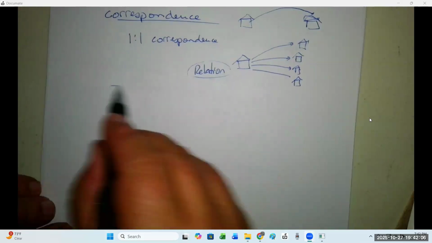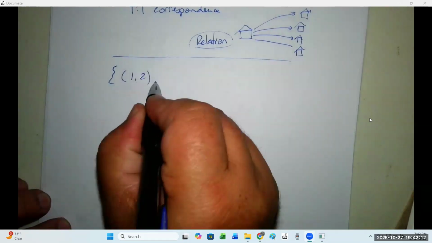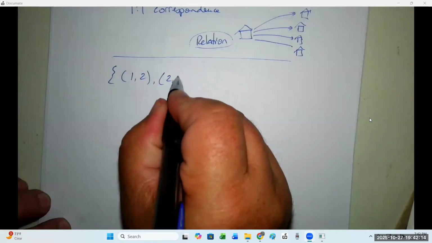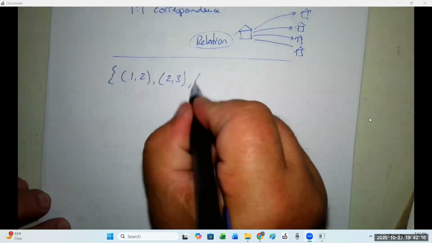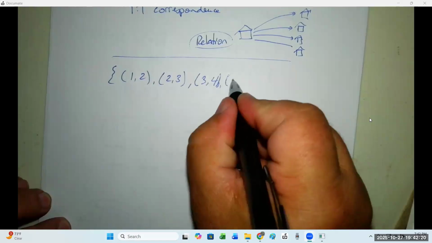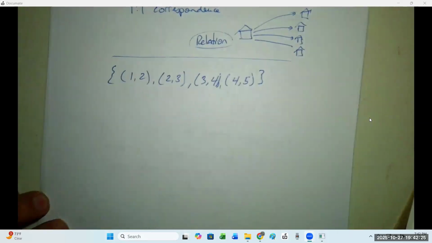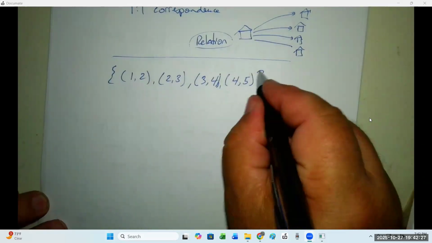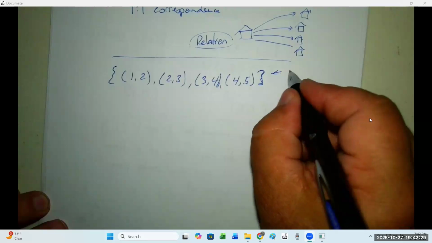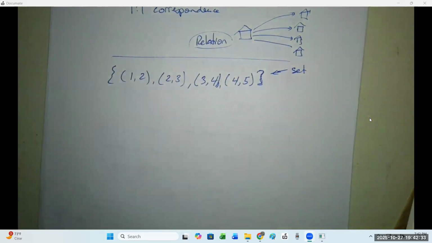So let's see what it looks like mathematically. These are all points on a graph. Whenever you see these little squiggly lines, that represents that anything inside there is a set.